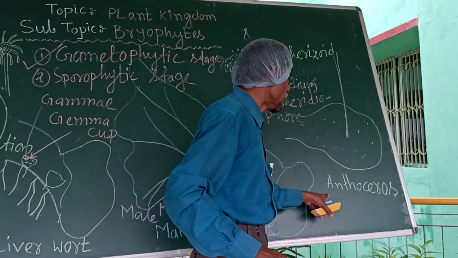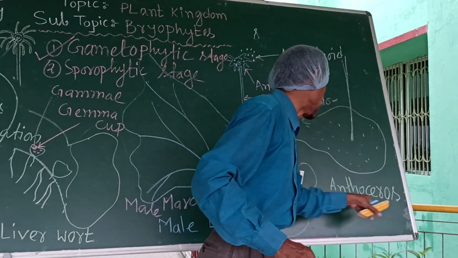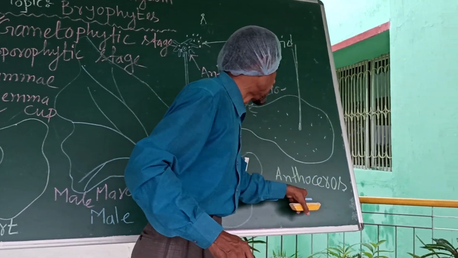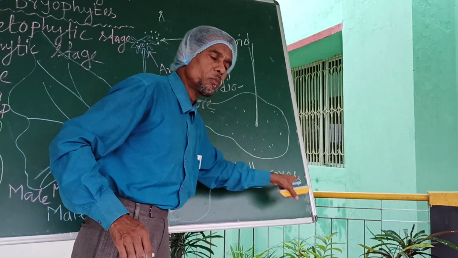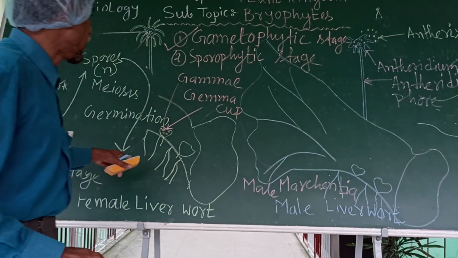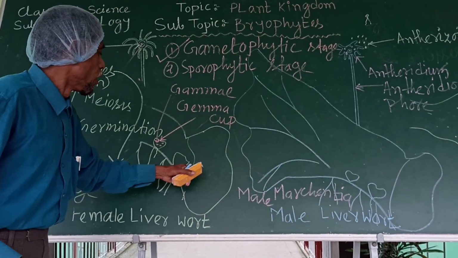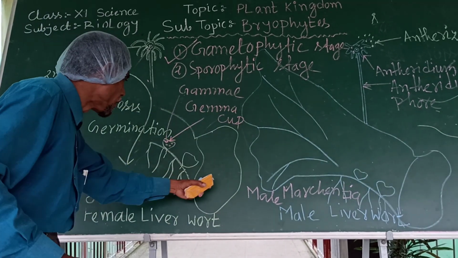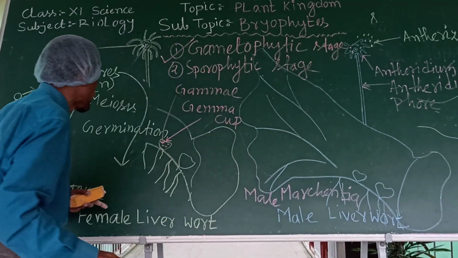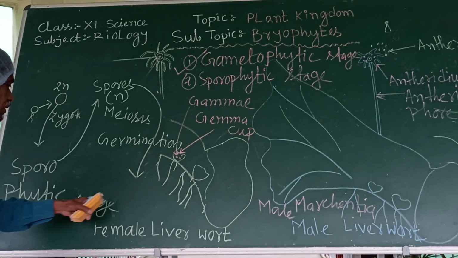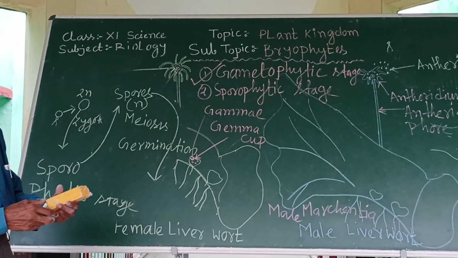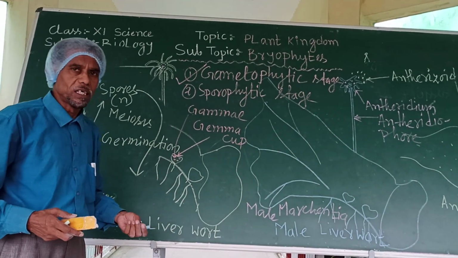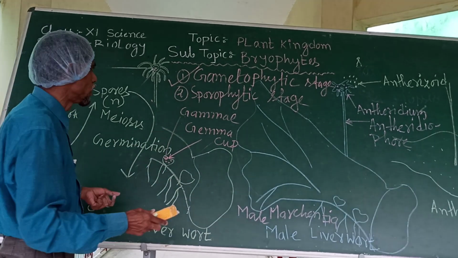The typical example of hornwort I have given you is Anthoceros. These are the examples of liverwort. This is Marchantia. Now we are coming to the mosses, that is the third division.